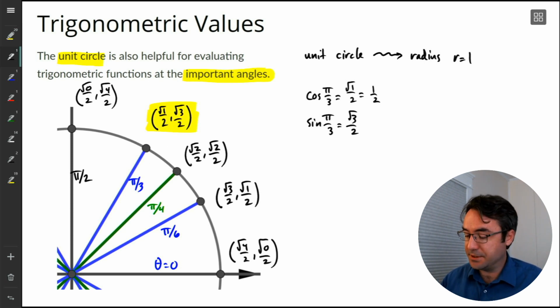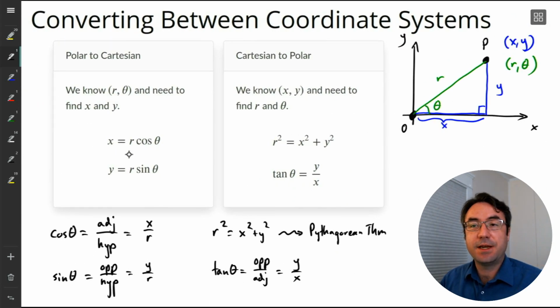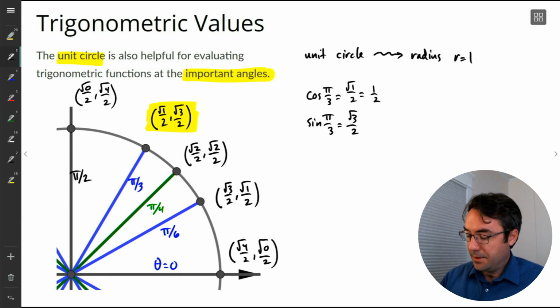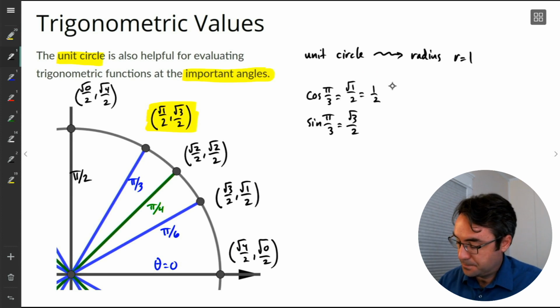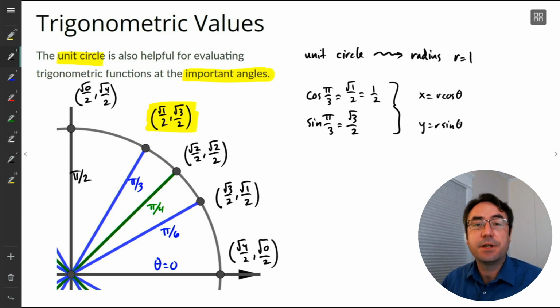And why is the first coordinate cosine and why is the second coordinate sine? Well, from those formulas we just looked at, x is equal to r cosine theta, y is equal to r sine theta, but we're talking about the unit circle here, so r is equal to 1.